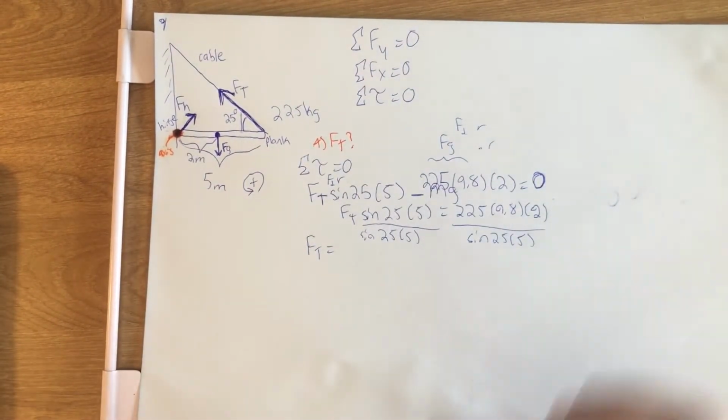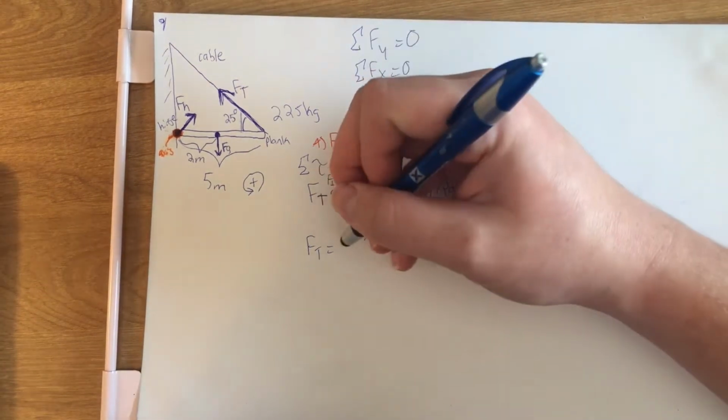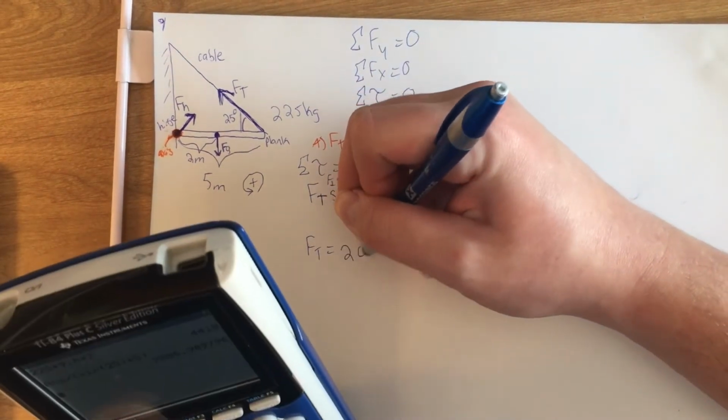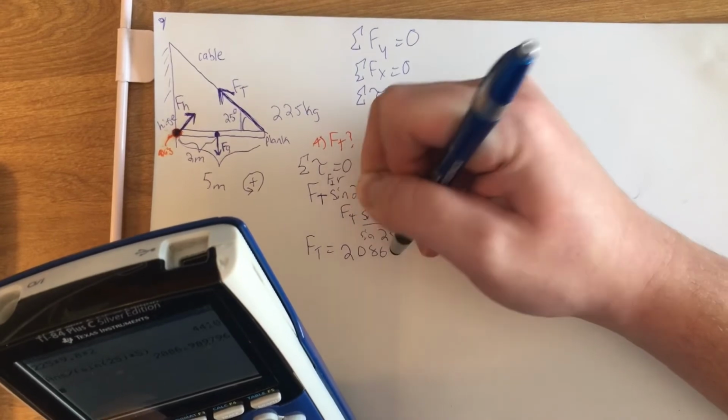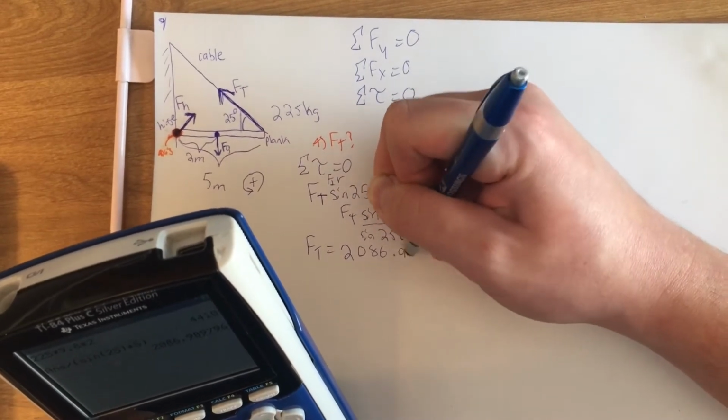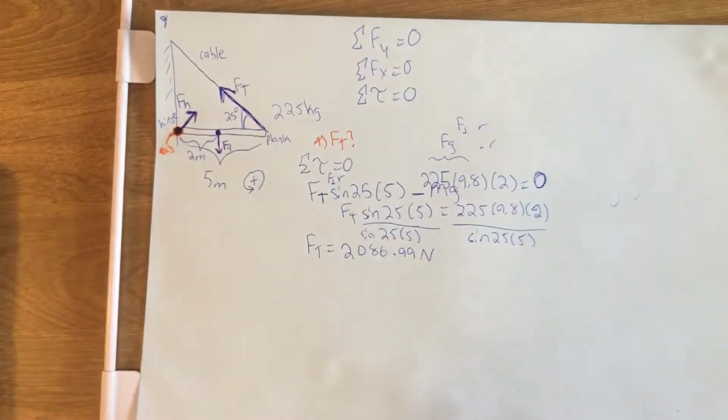Actually, right now, you type that in your calculator. Tell me what the answer is. I'll make it a quick puzzle question, and then in 1 second, I'll tell you what the answer is. So the answer you should get is 2,086.99 newtons.